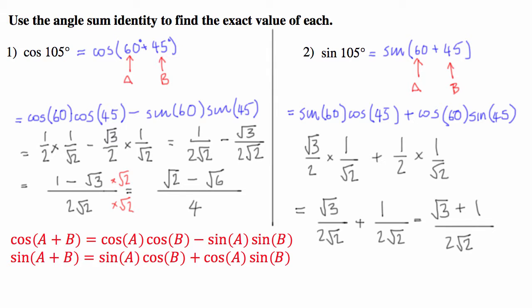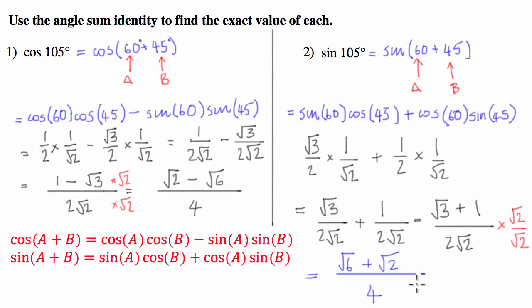As we did in the previous problem, we're going to multiply the numerator and the denominator by root 2 over root 2, so we can rationalize our denominator. Finally, 2 times root 2 times root 2 is 4, so we've got 4 in the base. The square root of 3 times root 2 is the square root of 6, add the square root of 2.